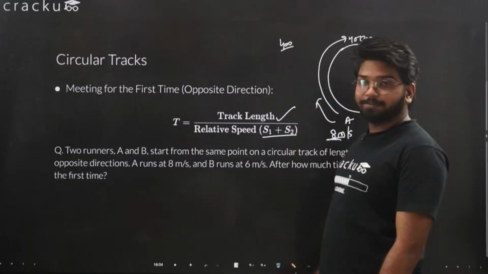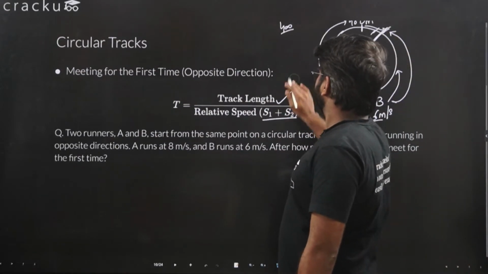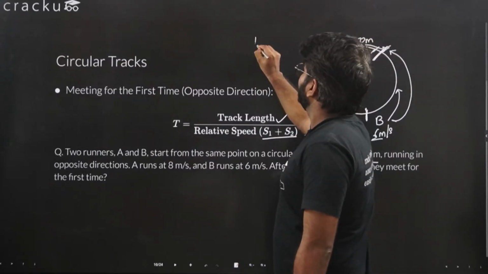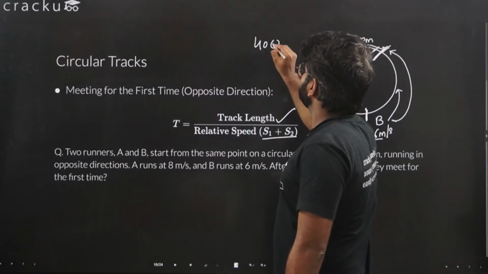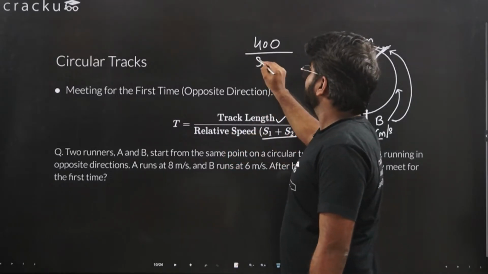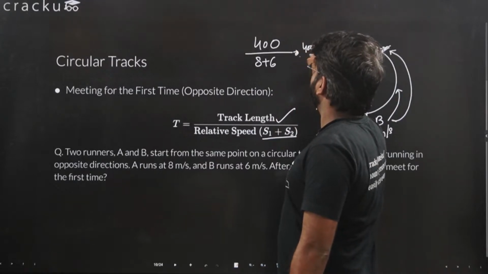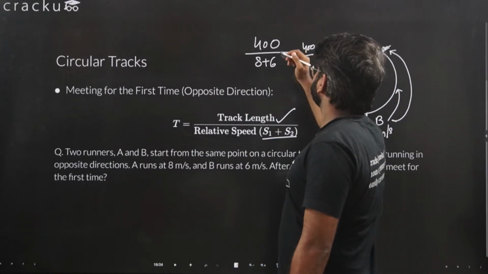Together they covered 400 meters, and their relative speed is S1 plus S2, that is 8 plus 6, so the time is 400 divided by 14.